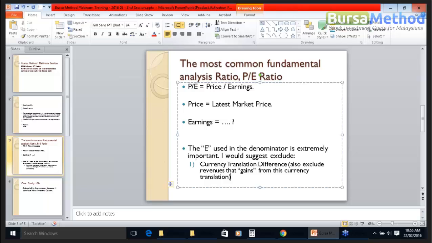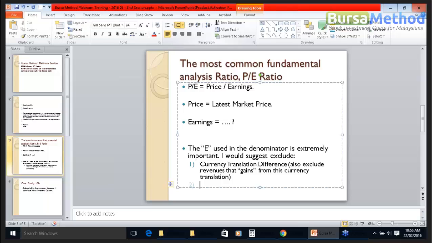But you have to understand the earnings are one-off, not normal operating income. Of course, the company will put it as operating income, but it comes from currency gains. So you should be adjusting the earnings so that it excludes those currency translation gains.